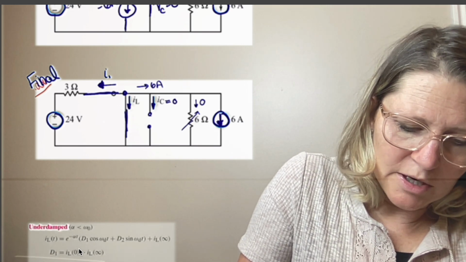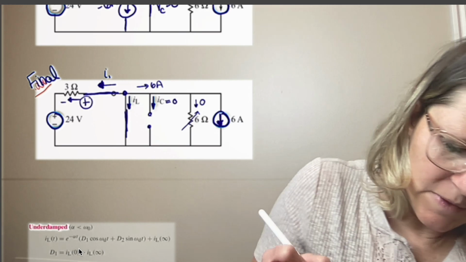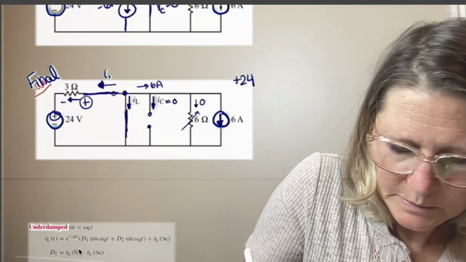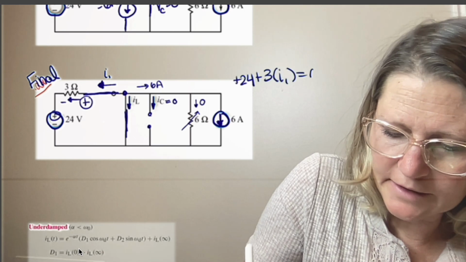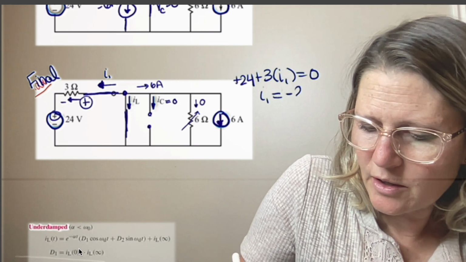So I1 is going to be a plus 24 plus 3 times I1, and that's the loop right there. So I1 is going to be a minus 24 over 3, or a minus 8 amps. And so I1 goes out, IL goes out, and 6 amps goes out.